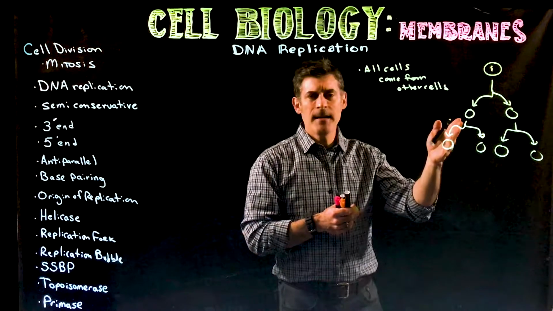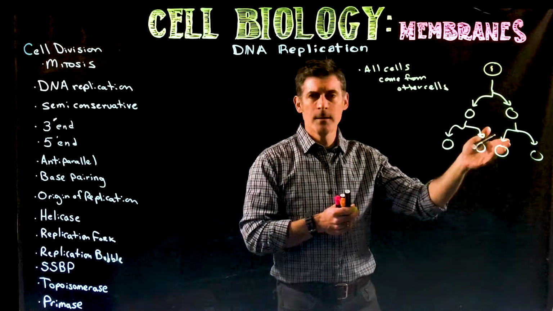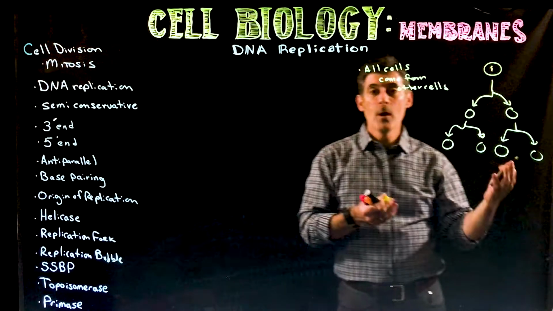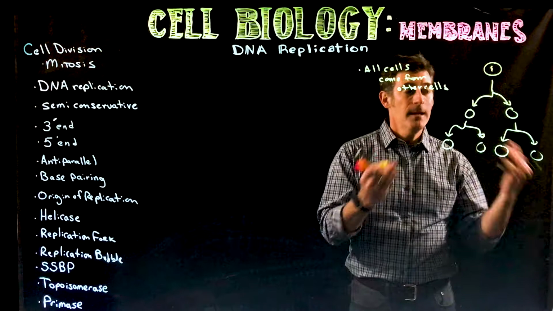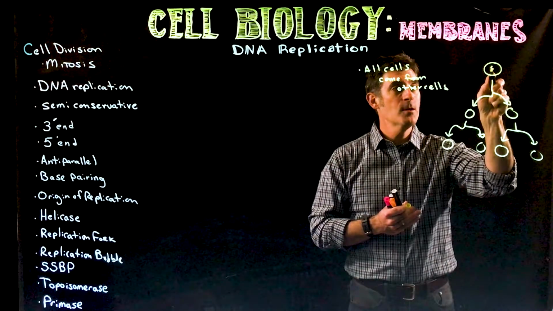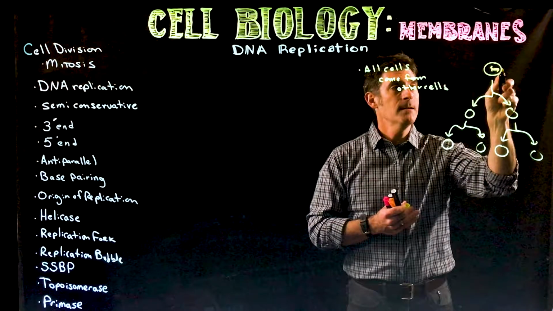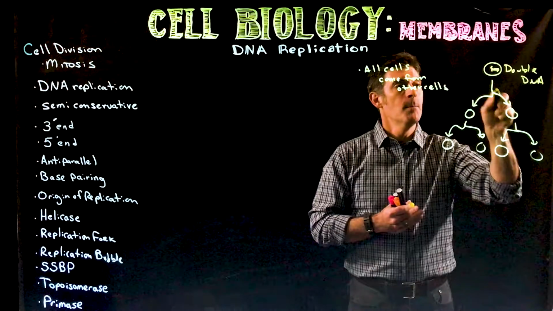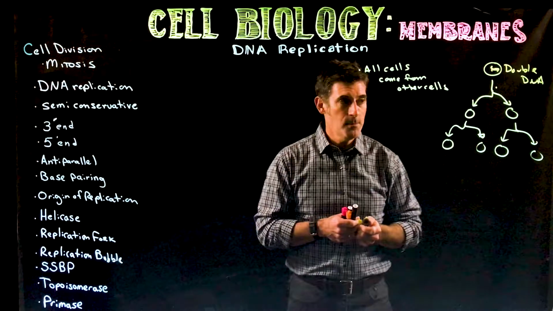If it were just to divide in half, that means one cell would get the chromosome, the other wouldn't, and the one without the chromosome wouldn't even survive. So before there can be any cell division, you have to double the DNA. So this one chromosome has to double, and we have to double the DNA before we can have this division process.